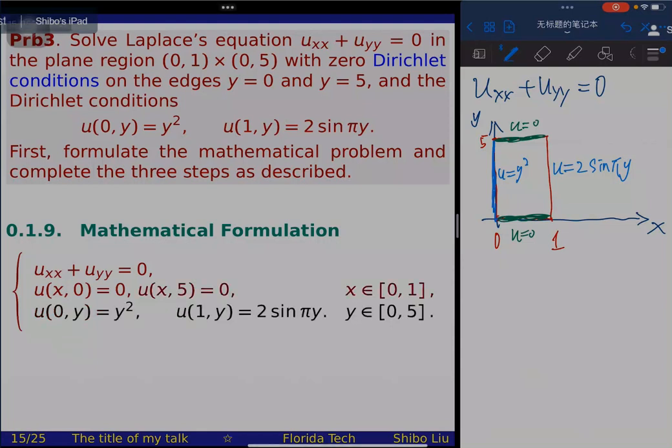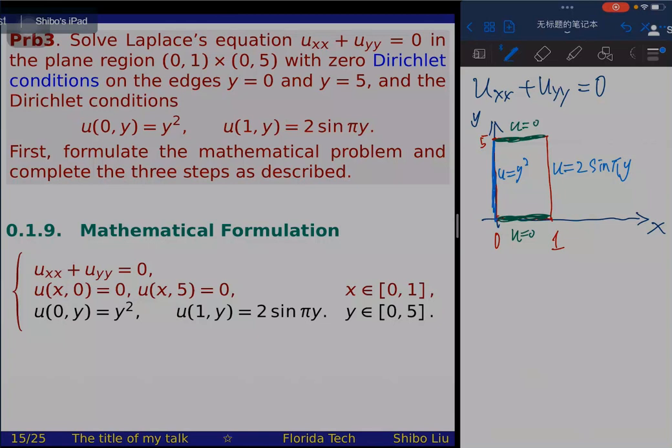And for the left part of the boundary, we also impose the Dirichlet condition, but not zero-Dirichlet. The boundary condition is given by the function y squared.